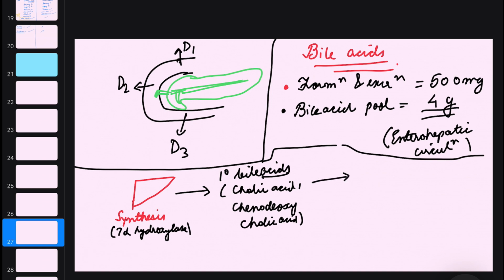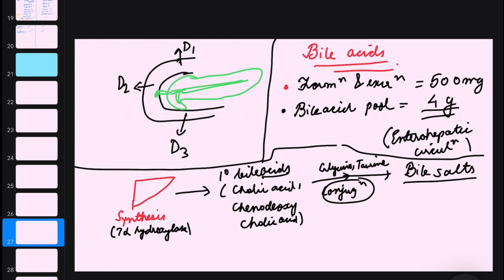Salts of what? Salts of glycine and taurine. And this step is called conjugation. Hence, these will form what we say to be bile salts.